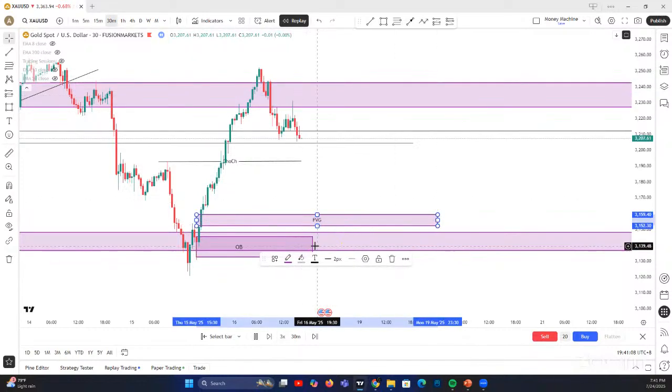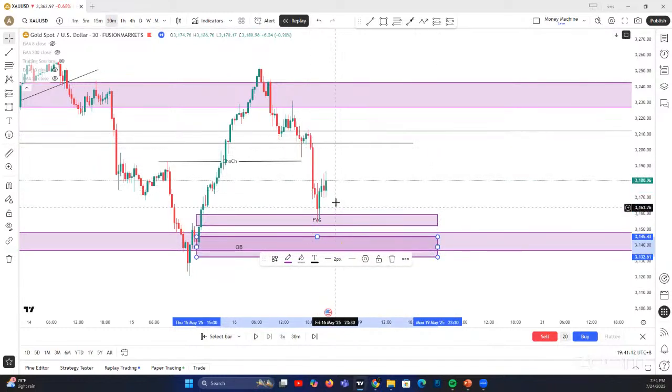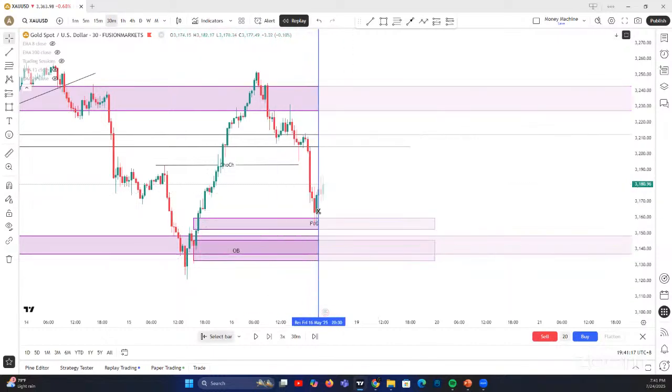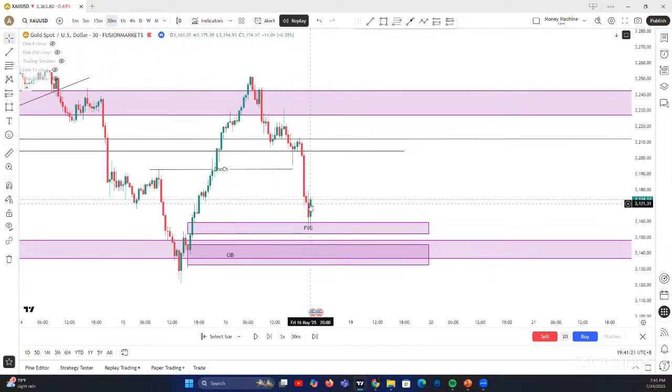This is your POIs. There. It tapped your FVG. That's it. It tapped your FVG, your POI, and it gave this bullish engulfing candle, right?